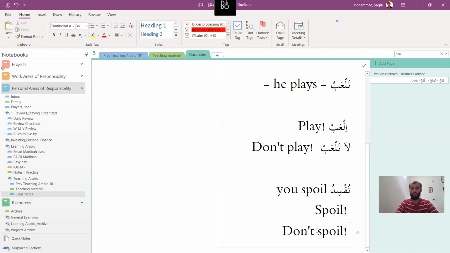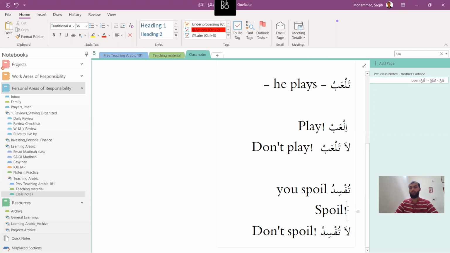The commands always have sukun at the end. Okay, I take tufsidu. I change the ending dhamma to a sukun. I add a la in front. La tufsidu is you do not spoil. It is a sentence. But if I have to say command, don't spoil, I will say la tufsid. Tufsidu is present tense. Tufsid is command. La tufsid is don't spoil.